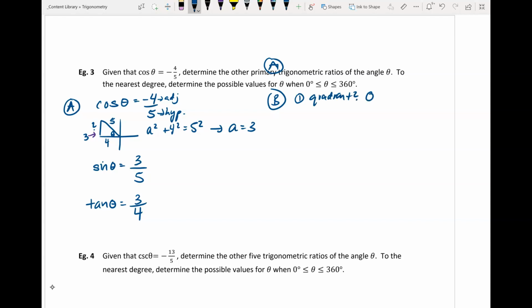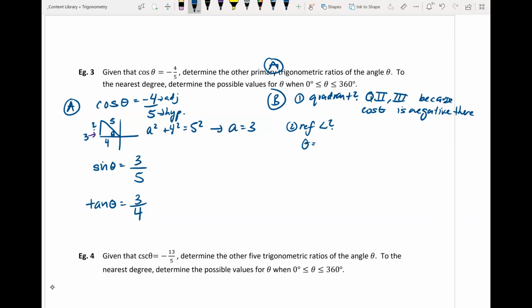It's going to be in quadrants 2 and 3 because cos theta is negative there. And we know it's negative there because we have a negative given to us in the question already. Okay, the next thing I'm going to do is find the reference angle.